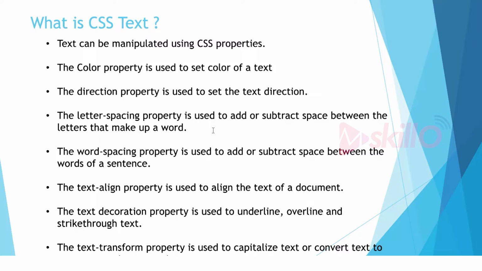Then we have the text decoration property that is used to underline, overline, and strike through the text. We also have the text transform property that is used to capitalize text or convert text to uppercase or lowercase letters. Let's hop to the Atom text editor and check out the example for this.